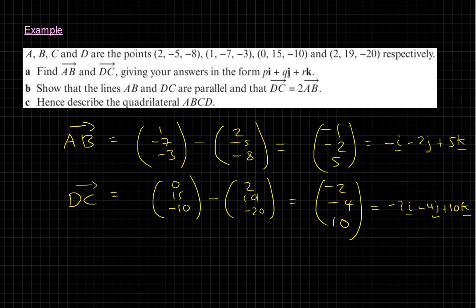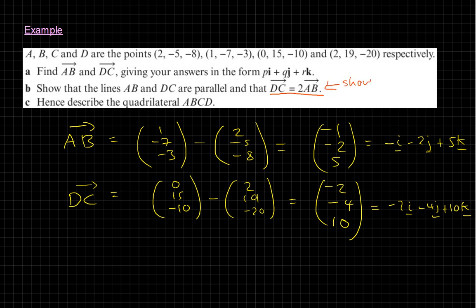Okay, now we're done. Now we need to show that the lines AB and DC are parallel and that DC equals 2AB. That's almost giving us two pieces of information, really. This equation saying DC equals 2AB, that effectively is proof it's parallel. If I show that one vector is the multiple of another, that's parallel. So basically it's just asking us to show that.